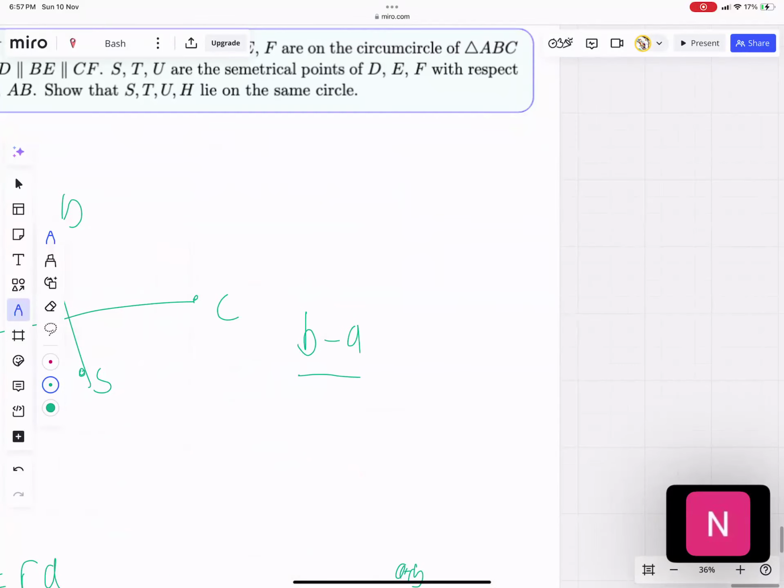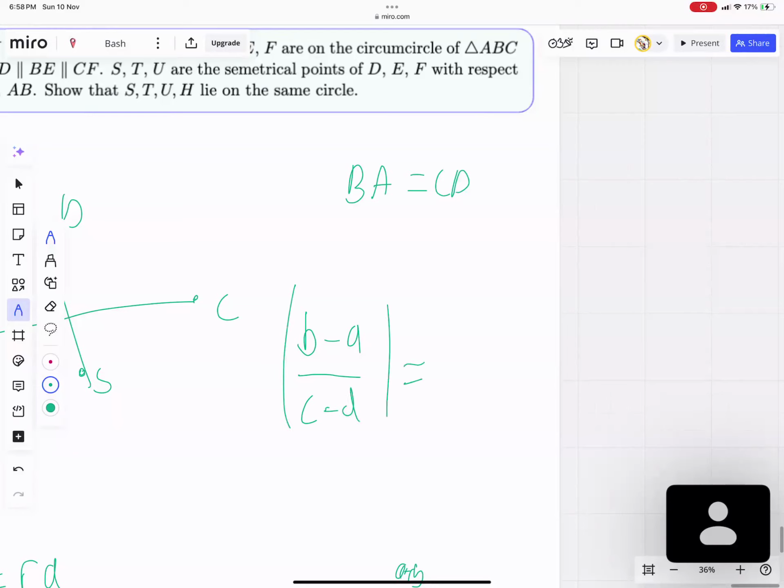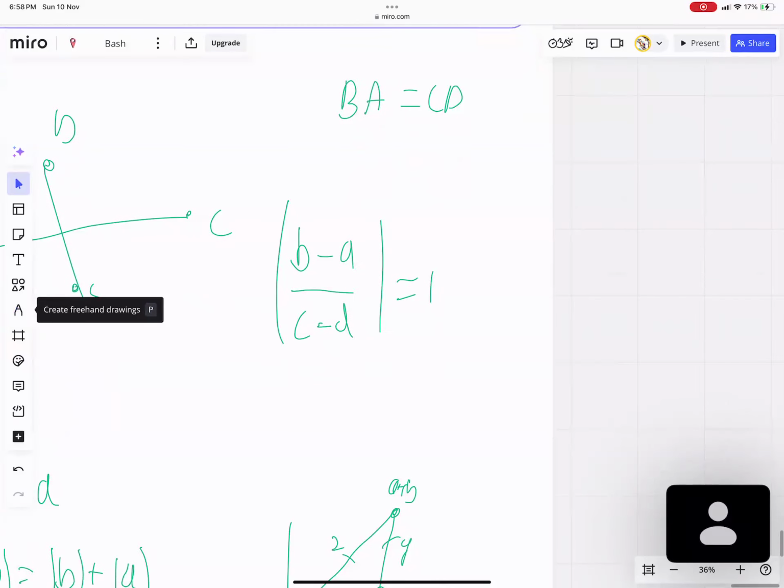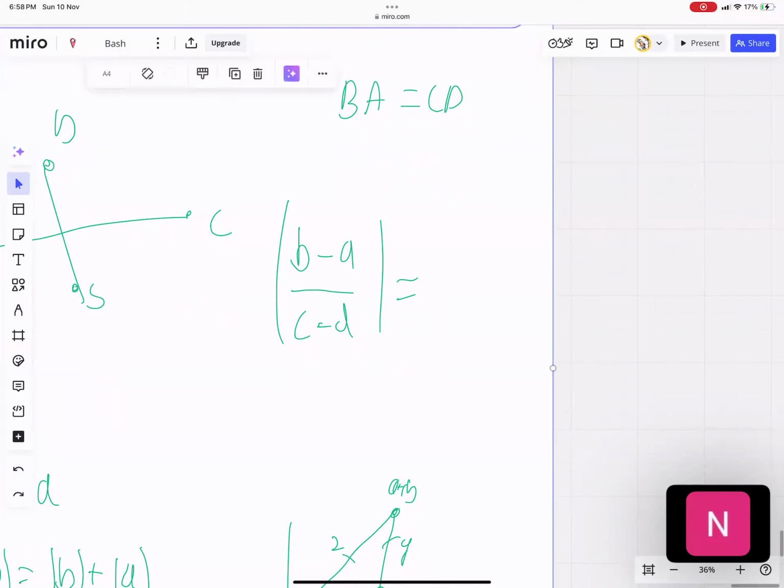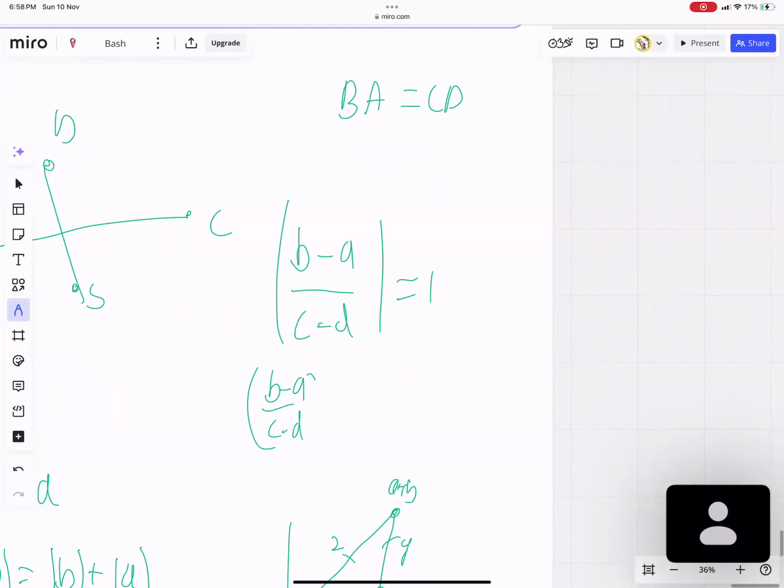So B minus A by C minus D, its magnitude is 1, right? Yes. This gives that B minus A by C minus D lies on the unit circle. So the conjugate of Z is equal to 1 upon Z. Yes, B minus A conjugate is equal to C minus D by B minus A.